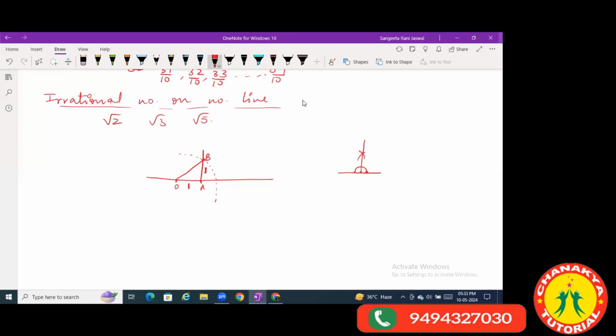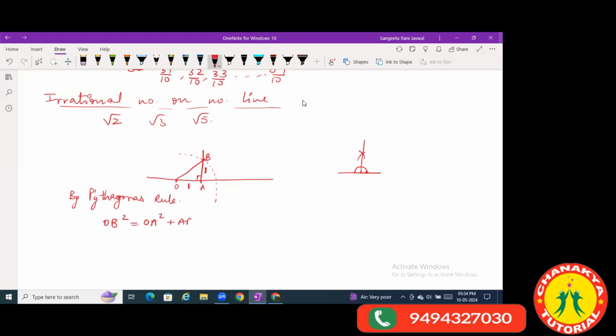So what do you actually get here? By Pythagoras rule, when you have made a perpendicular here, hypotenuse square is equal to base square plus perpendicular square.